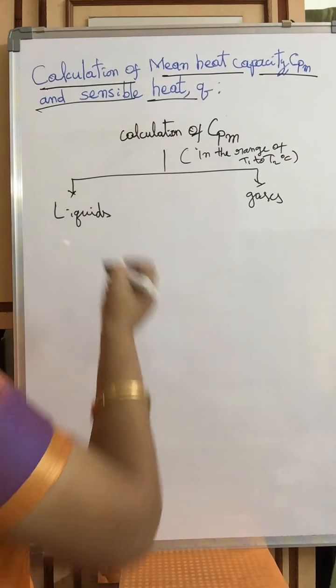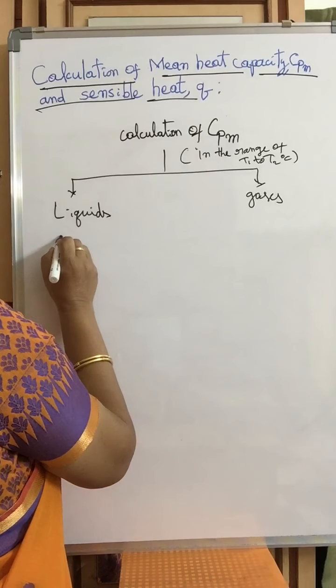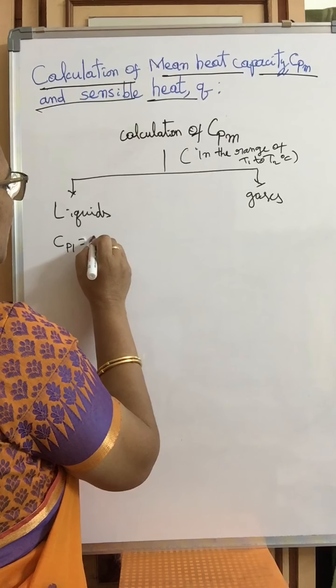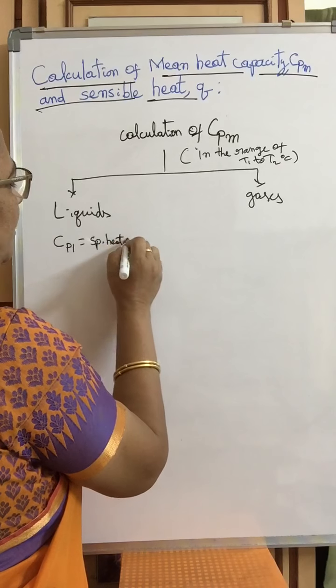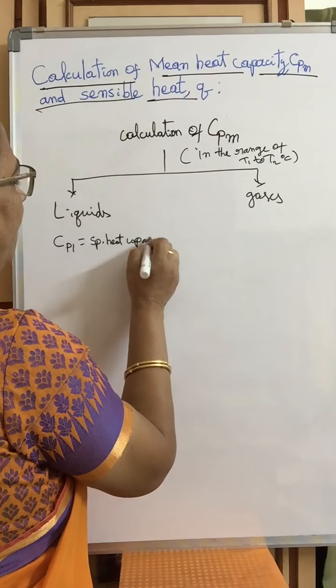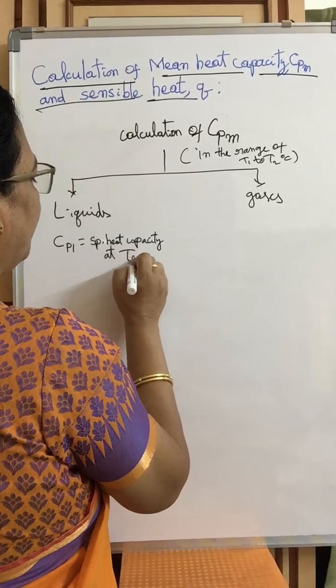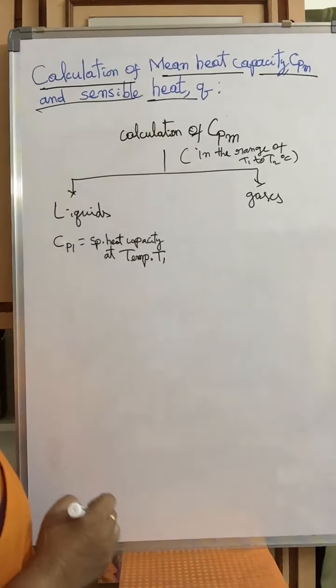For liquids, let Cp1 be the specific heat capacity at the temperature T1.